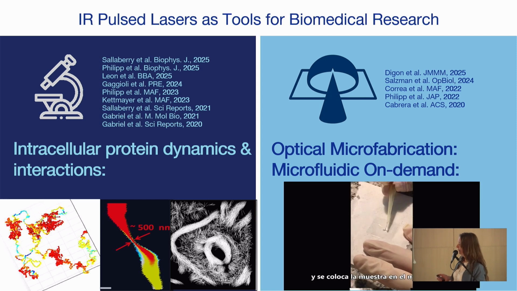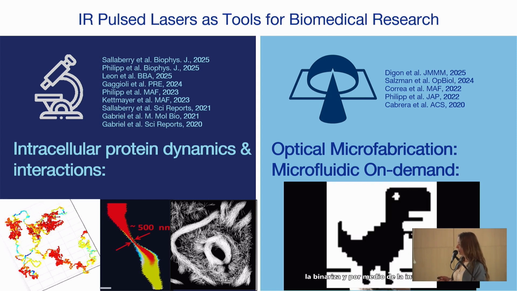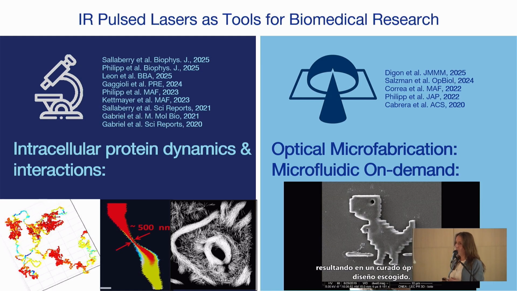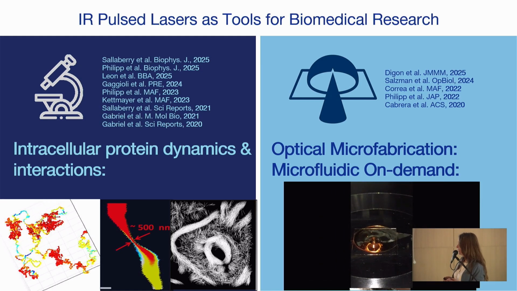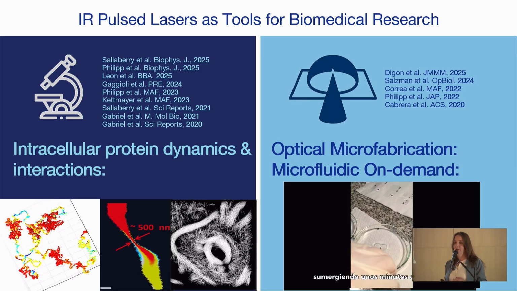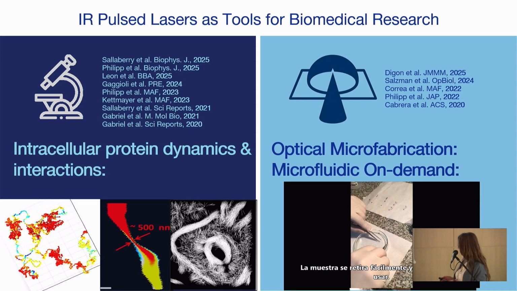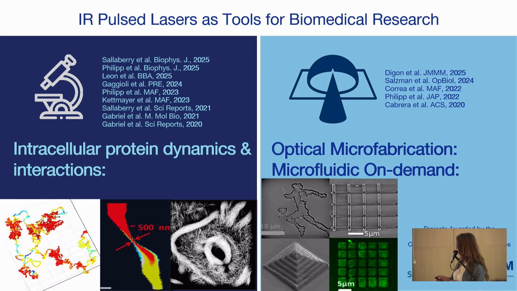And on the side of optical microfabrication, we have developed a method using photosensitive resins along with 2-photon excitation lasers to fabricate rapid and low-cost micro devices. So this is our very first microstructure.